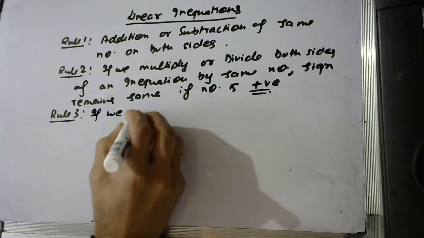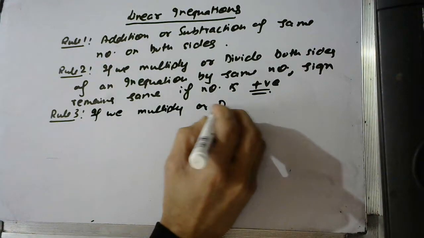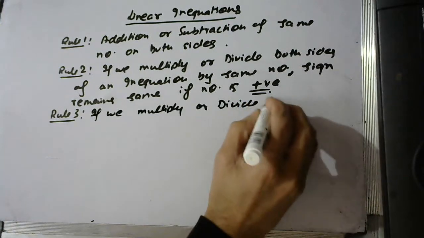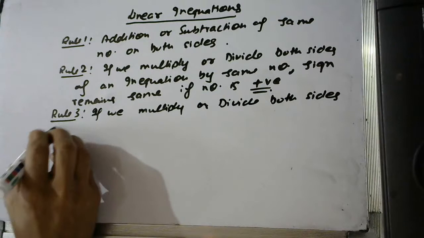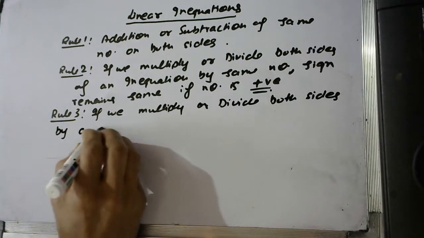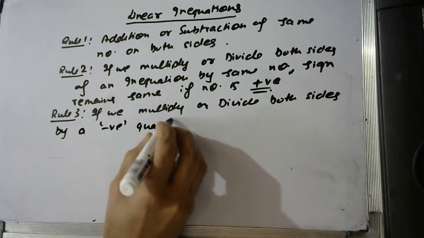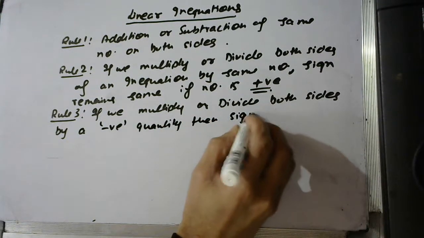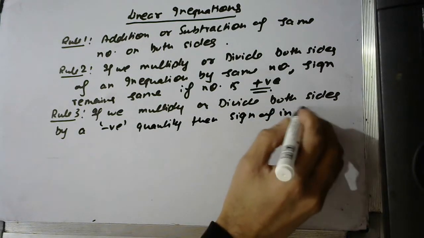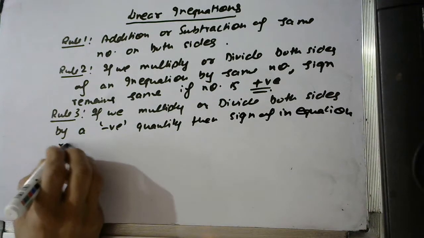If we multiply or divide both sides by a negative quantity, then the sign of inequation reverses.